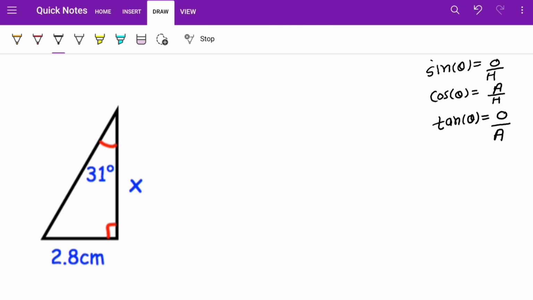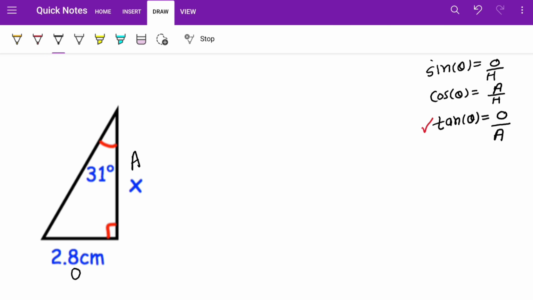Alright, so let's begin. First thing, we will label it. So we are given O and adjacent. That means we will use a trigonometry function which involves O and A, and you can see it is going to be tan theta this time.